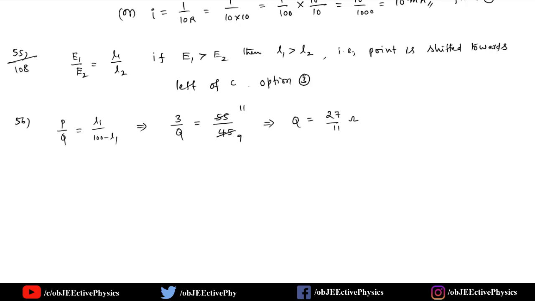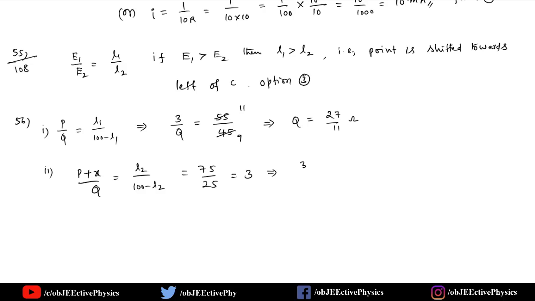Now, along with P, X ohms resistance is connected in series. So, therefore, now (P plus X) by Q is equal to L2 divided by 100 minus L2. Here L2 is given as 75. So, 75 divided by 100 minus 75 is 25. So, that is equal to 3.